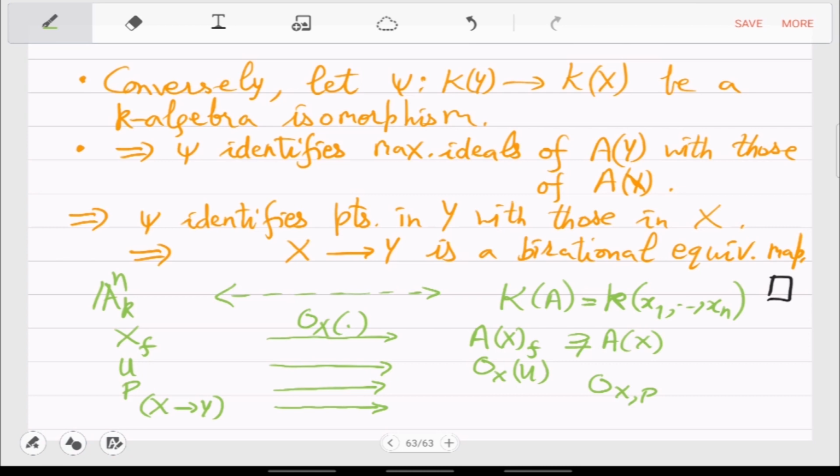A morphism between the coordinate rings, reversed arrow. Okay, so that's the association, and it is both ways. And finally the rational map.